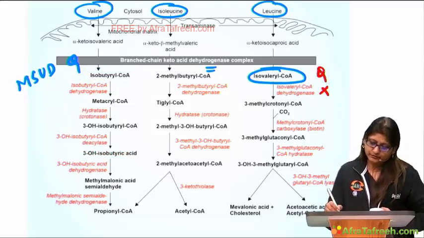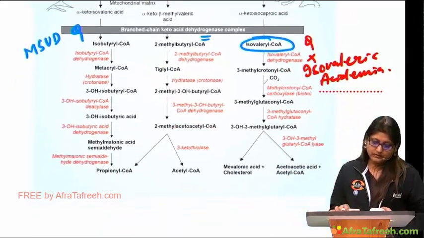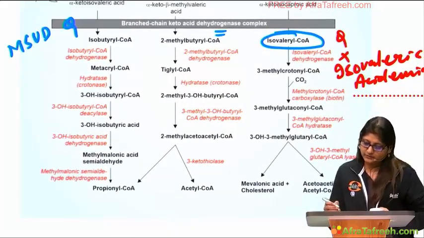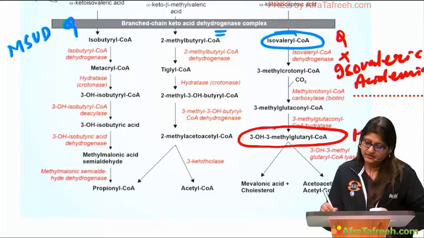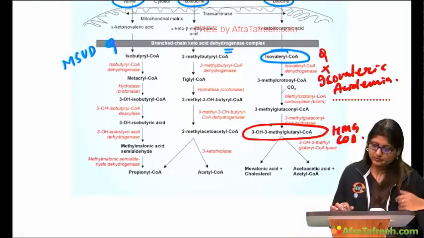This is important for you. And what other thing is important? HMG-CoA. Can you see anywhere? This is HMG-CoA which is produced in the leucine catabolism. Right? So these are important points which you must know.